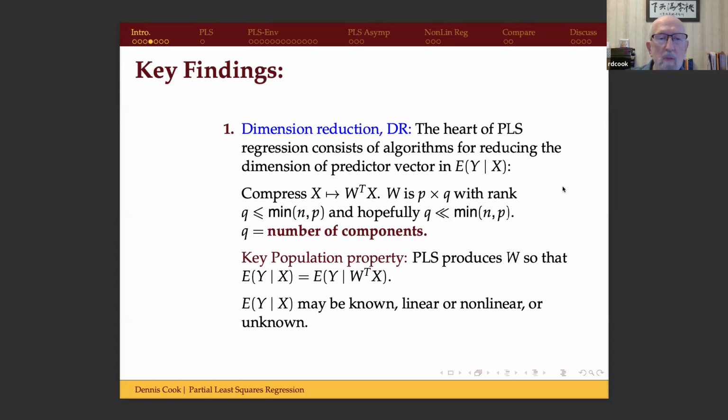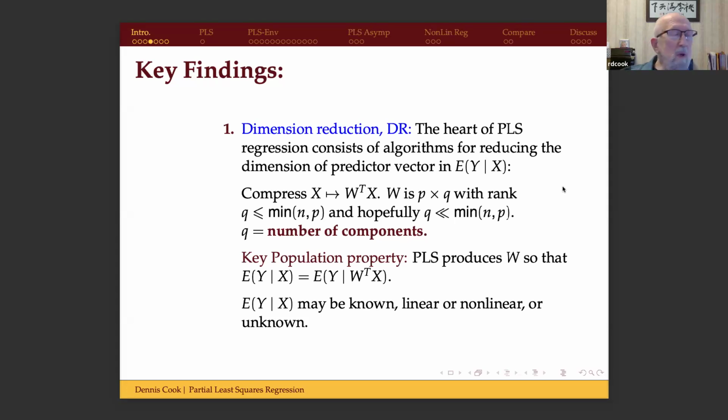Now, the key population property is partial least squares produces a W so that the conditional mean of y given x is exactly the same for all values of x as the conditional mean of y given W transpose x. And that's the notion of dimension reduction. That's what partial least squares tries to do.